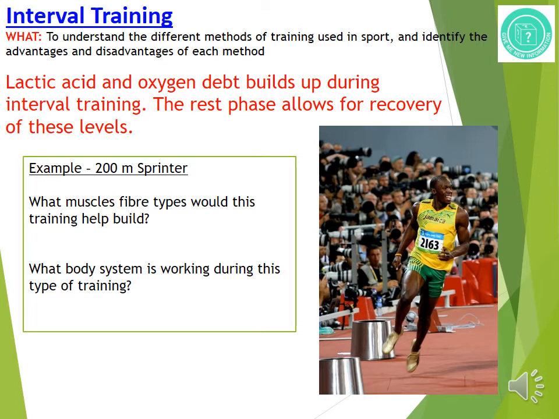That suggests we should be really going for it. And because we're really going for it, we don't have time to use the oxygen. So because we don't have time to use that oxygen, we need to use the anaerobic respiration equation, which is simply glucose gives us energy, and the waste product is lactic acid.